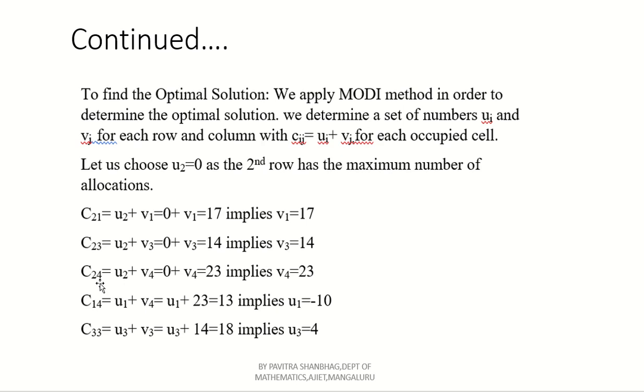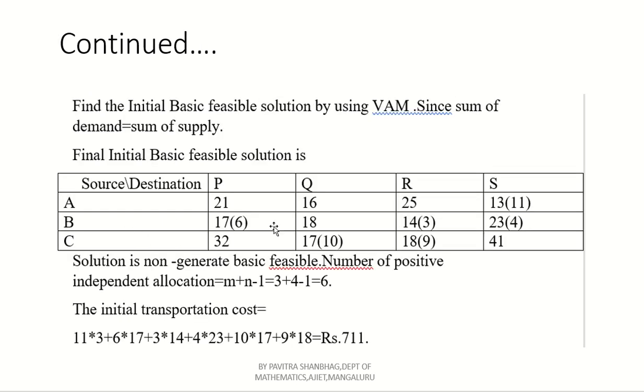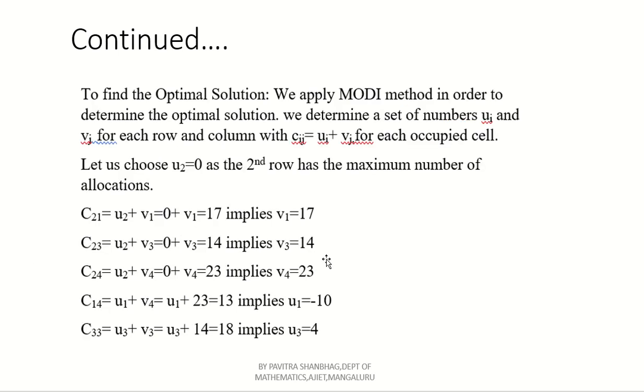Now, what is C24? C24 is nothing but U2 plus V4, and U2 is 0 as we took already. C24 means second row, fourth column, that is 23. So 0 plus V4 equal to 23. So the V4 value is 23, right?